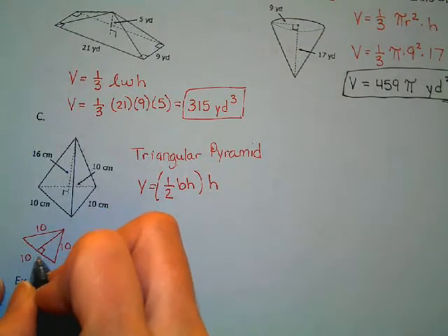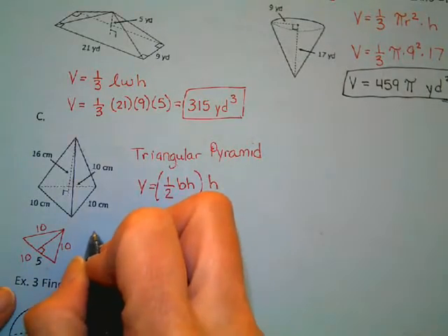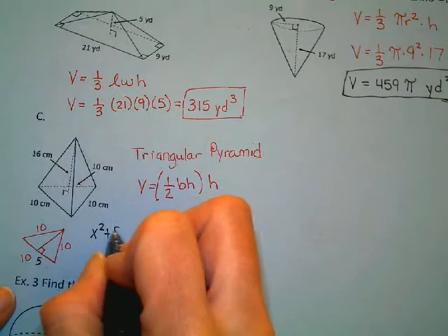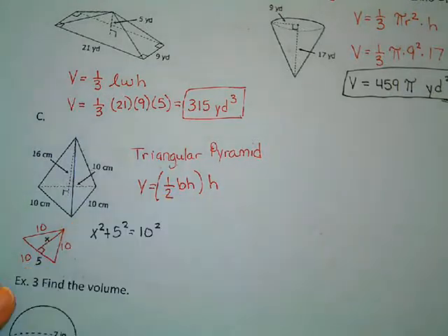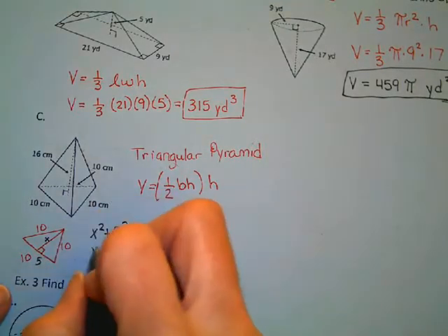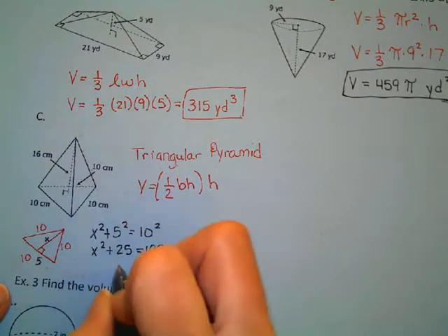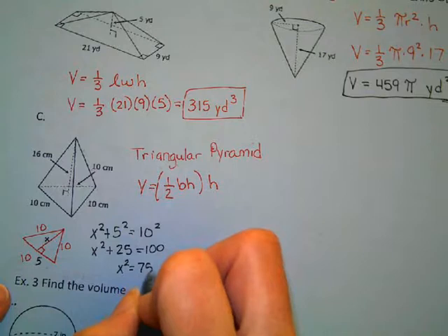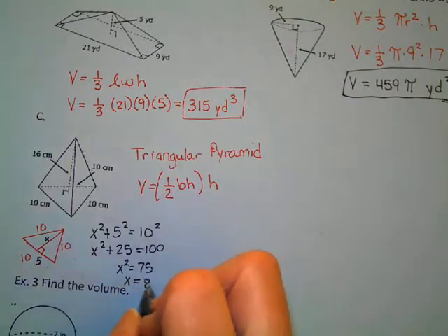We're going to do Pythagorean theorem, like x squared plus 5 squared equals 10 squared, to figure out that height in there, just to do the base formula, okay? I got square root 75, about 8.66, so I could round to 8.7. And that's the height inside this little base triangle here.